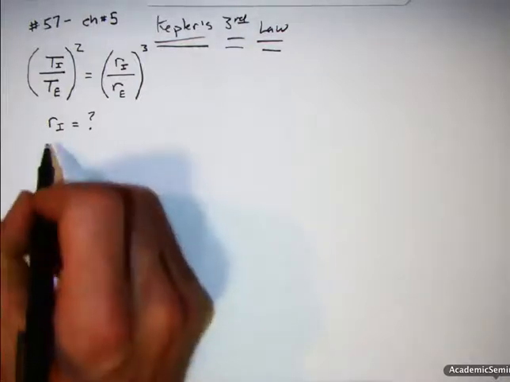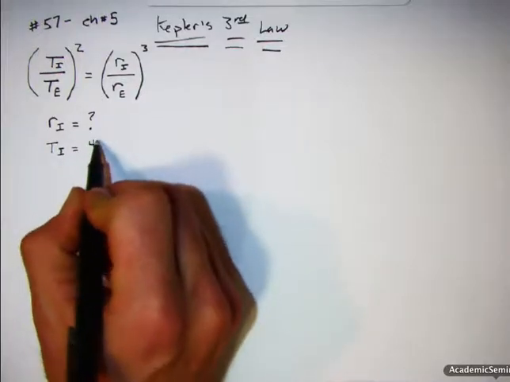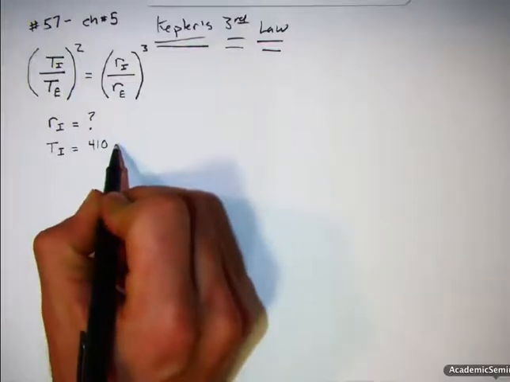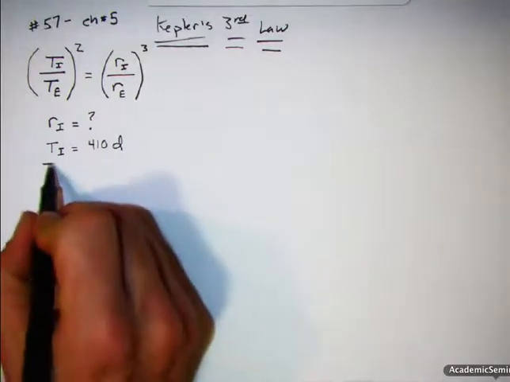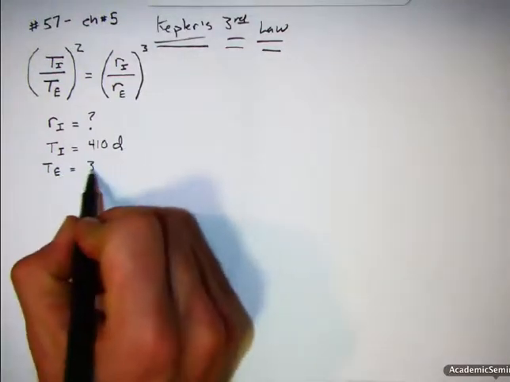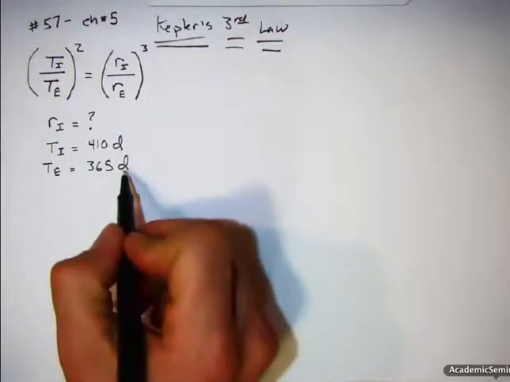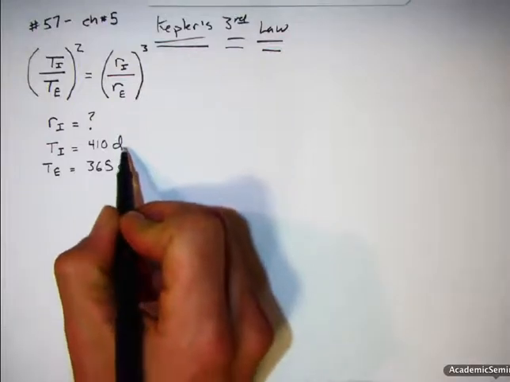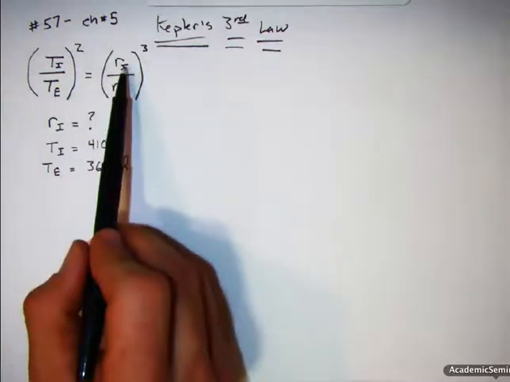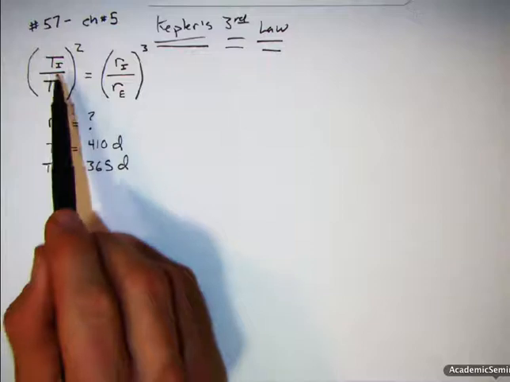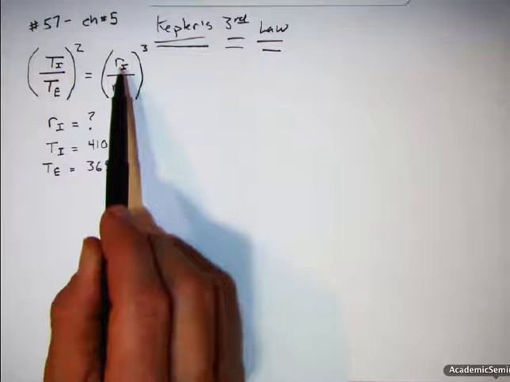Well, what do we know? We know that the period, the time it takes for Icarus to go around the sun, is 410 days. It told us that in the problem. Of course, we know the Earth takes 1 year, or 365 days. Notice I'm going to write it as 365 days here, the same unit. I can use whatever units I want for Kepler's third law, so long as the periods are in the same unit and the mean distances are in the same unit.